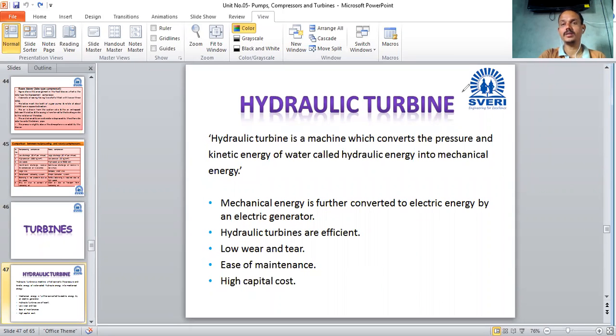You can build a nuclear power plant, you can build a thermal power plant, but building a hydroelectric power plant is not that easy. These are very big plants. Am I correct? Yes. So it requires a very high capital cost.